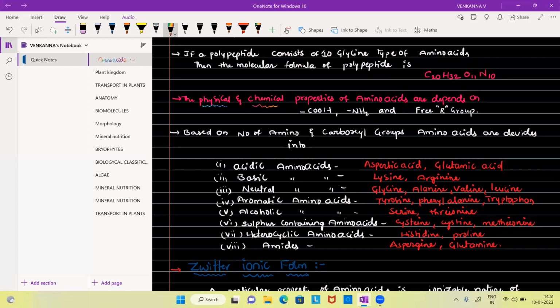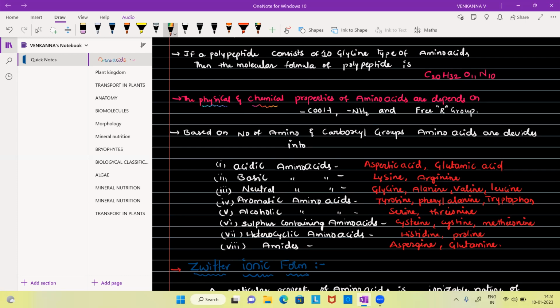If an amino acid has aromatic rings in its structure, it is called an aromatic amino acid. If amino acids have an alcoholic group in their structure, they are called alcoholic amino acids. A few amino acids have sulfur as a constituent in their structure. They are called sulfur containing amino acids.